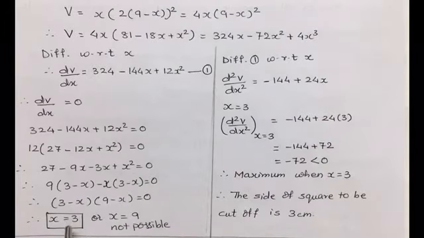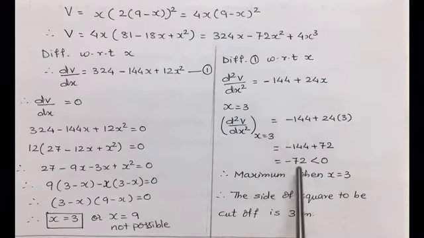So the value of x becomes 3 and the value of x becomes 9, but 9 cannot be taken. It's not possible. Reason: if you substitute x equal to 9 in 18 minus 2x, it becomes 0. Hence x cannot be 9. So x is to be taken as 3 centimeter.